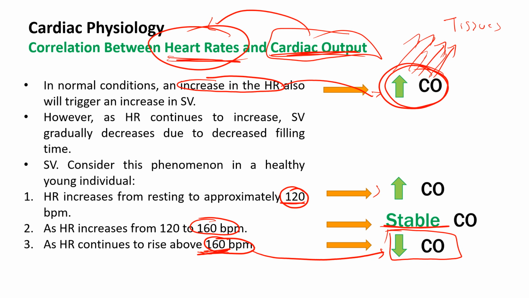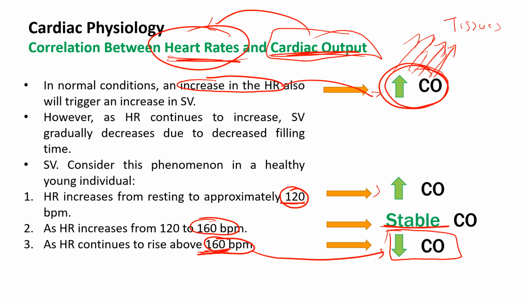The reason is because the faster the heart contracts, the less time the heart has to fill the chambers during diastole. In other words, you need to relax so the chambers can fill with blood and then get pumped, right?